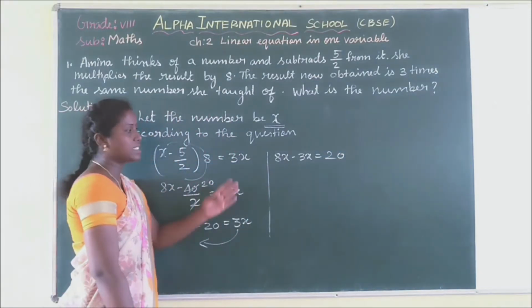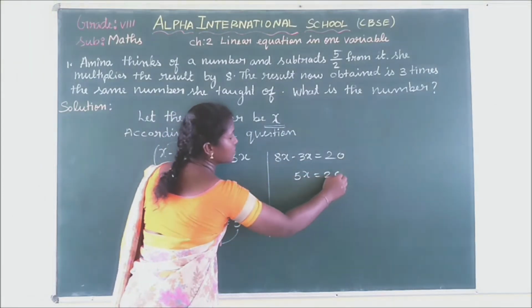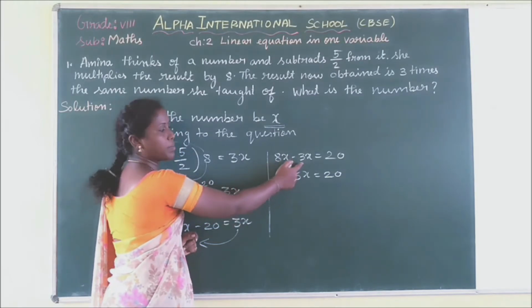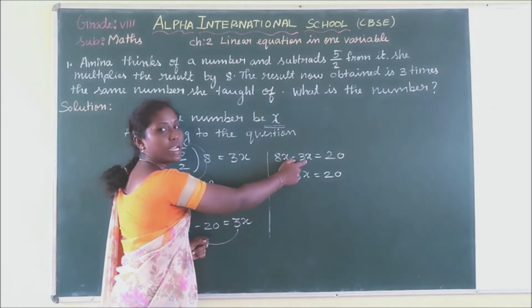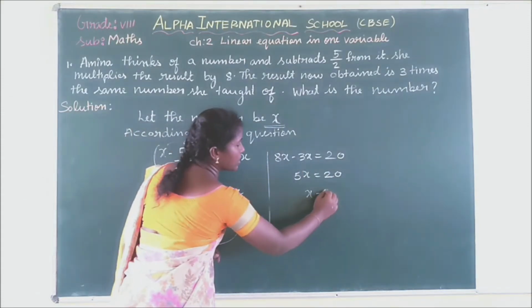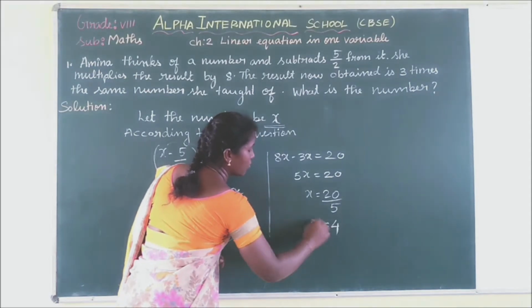Now it is simple. 8x minus 3x, we just subtract the coefficients, 8 minus 3, is 5x equal to 20. So x is equal to 20 by 5, so the value of x is 4.